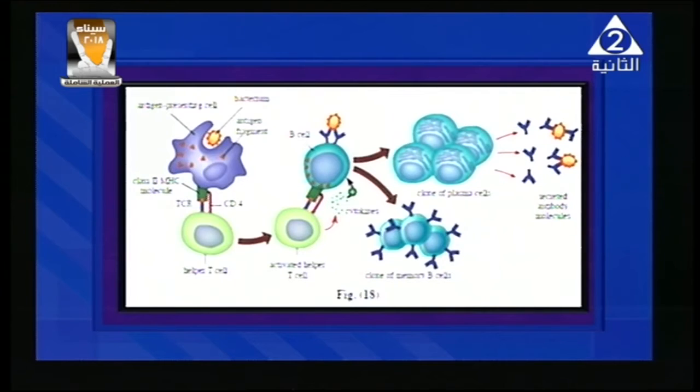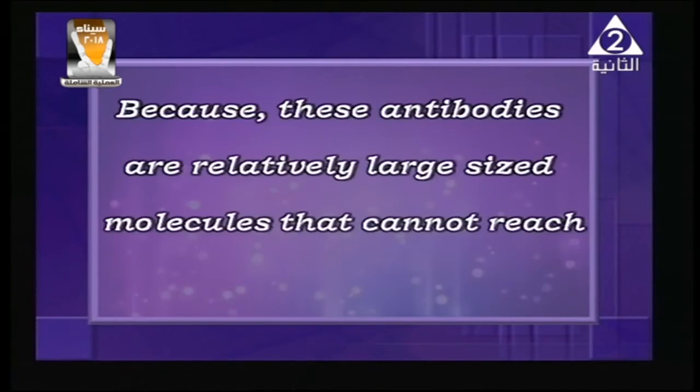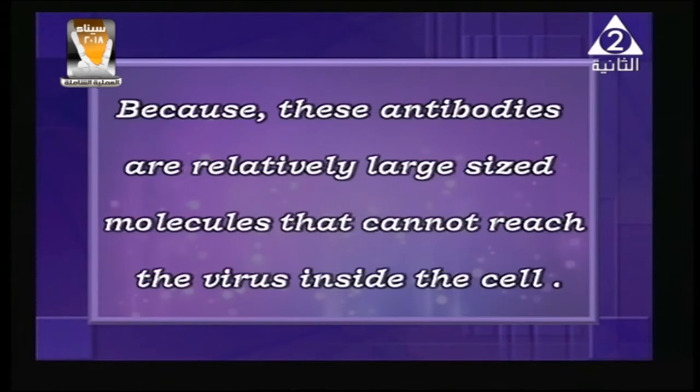The antibodies produced by plasma cells aren't effective enough to destroy foreign cells, such as cells infected by viruses. Again, the question here: why aren't the antibodies produced by the plasma cells effective enough to destroy foreign cells infected by viruses? To answer this question, you have to know that antibodies are relatively large in size, relative to other molecules.